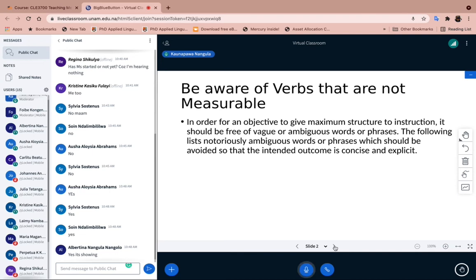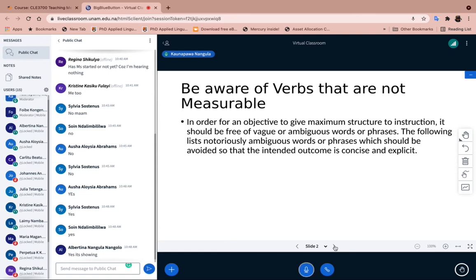Another reason to avoid them is that they do not allow us to create a learning environment where we can measure whether an objective has been attained, and with the class activity that you do in the classroom, it might be hard to measure or attain.